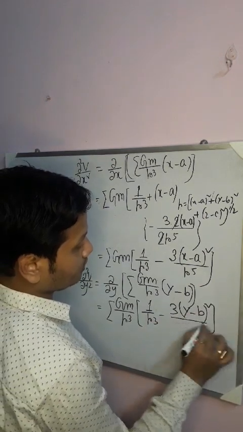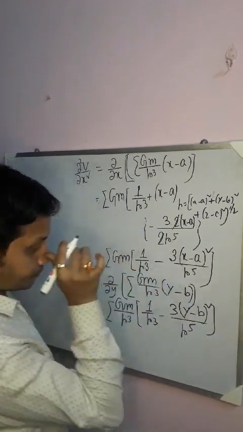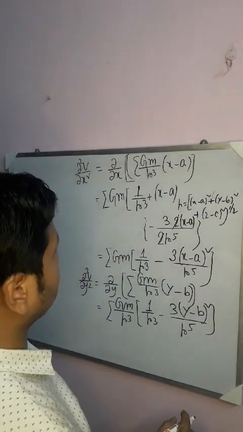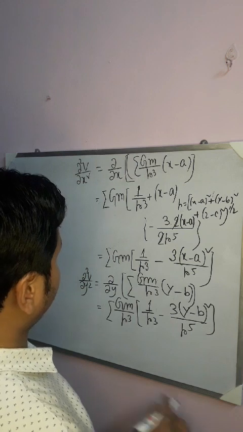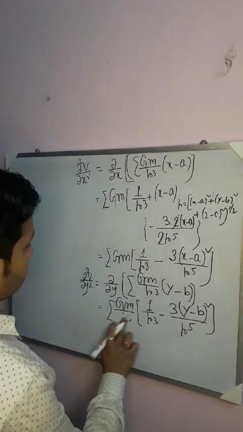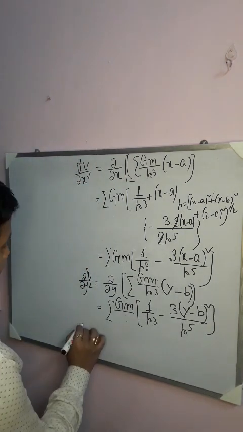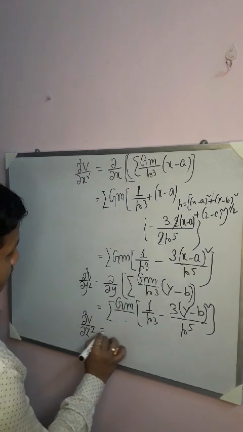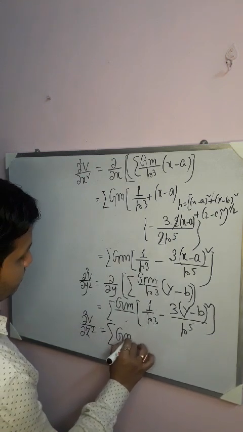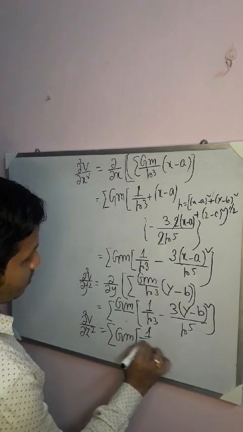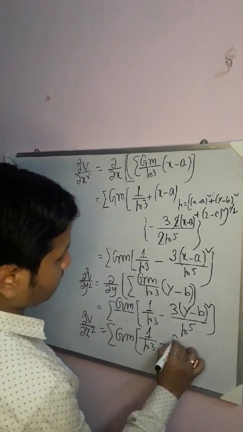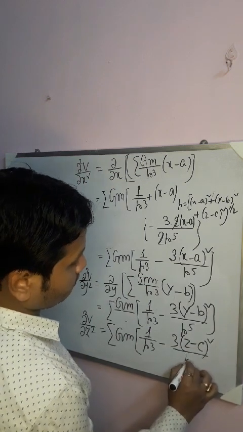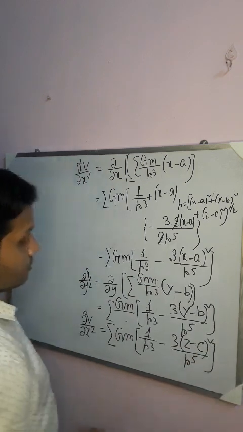The result will be same, GM. Fine. And if we write ∂²V/∂z², again this is simply GM, 1 by r cube minus 3 into (z minus c) whole square by r to the power 5.